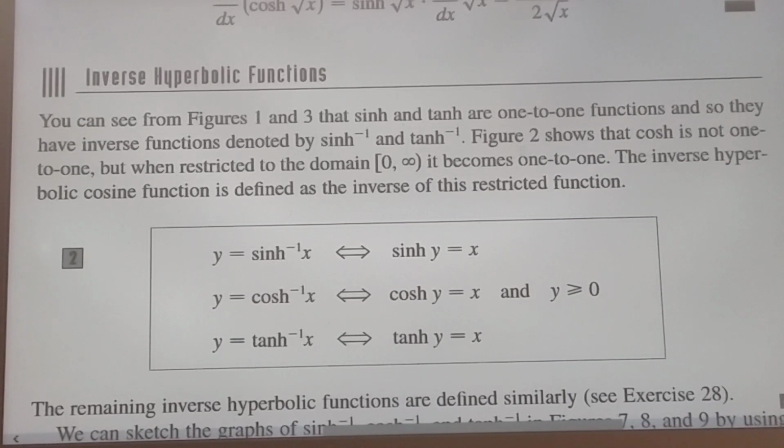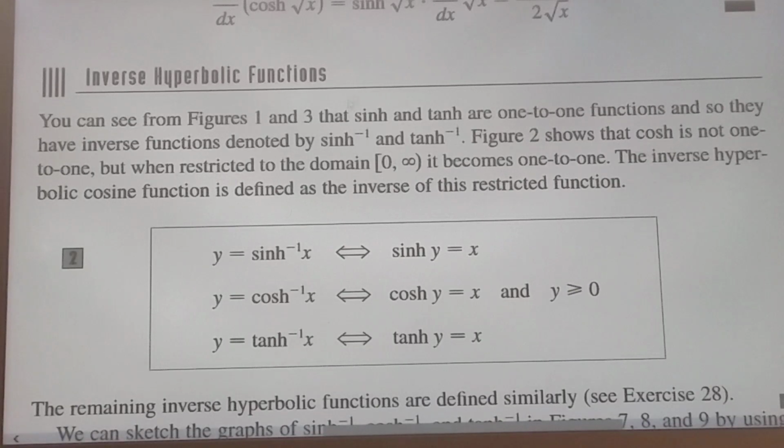All right, so figure 2 shows that cosh is not 1 to 1, but when restricted to the domain from 0 to infinity, it becomes what? 1 to 1. All right, the inverse hyperbolic function is defined by the inverse of this restricted function.